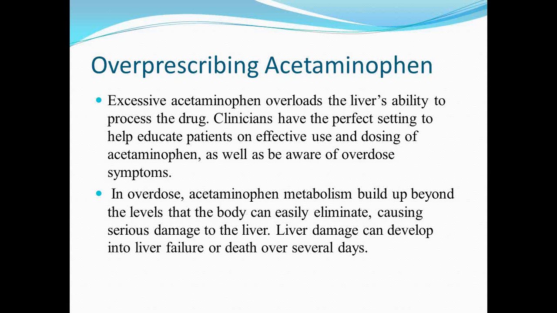Like any other drug, we want to make sure our adult patients understand that there's a place for this, and particularly just reading the labels. As you know, excessive acetaminophen does overload the liver's ability to process the drug, and that's why we ask our patients who consume 3 or more alcoholic beverages to be aware of this risk.